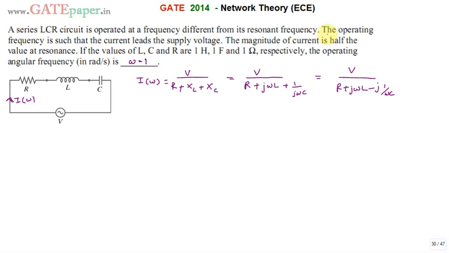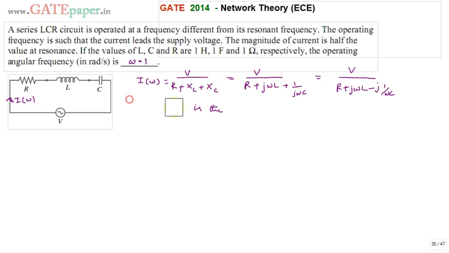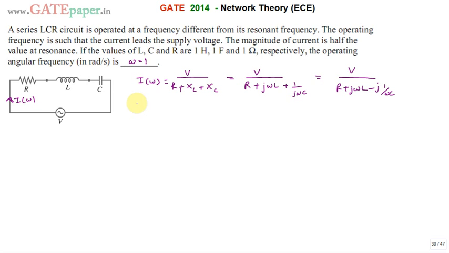It is given that at the operating frequency, let us assume omega is equal to omega 1 is the operating frequency of the circuit, and omega R is the resonant frequency.